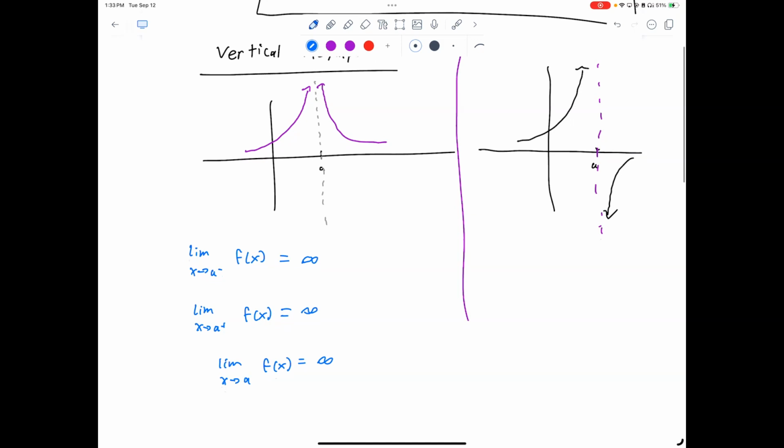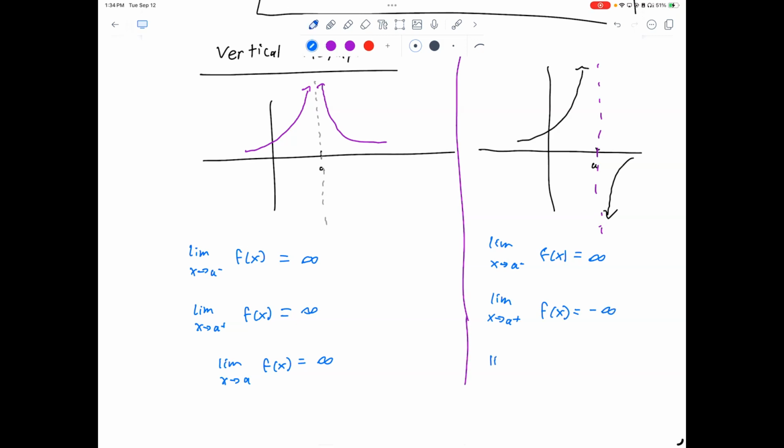Over on the right-hand side, the limit as x approaches a from the left-hand side of f of x is infinity, or DNE according to technically Delta Math and other textbooks. The limit as x approaches a from the right-hand side of f of x equals negative infinity.